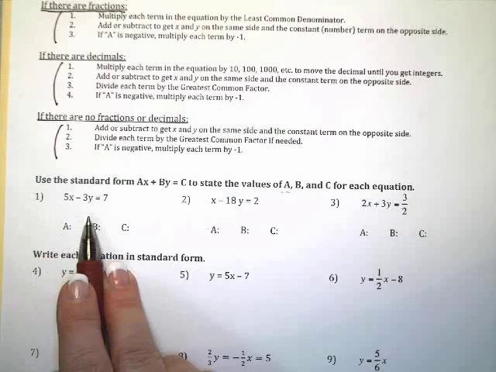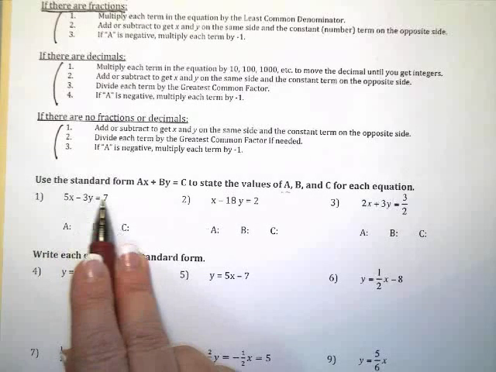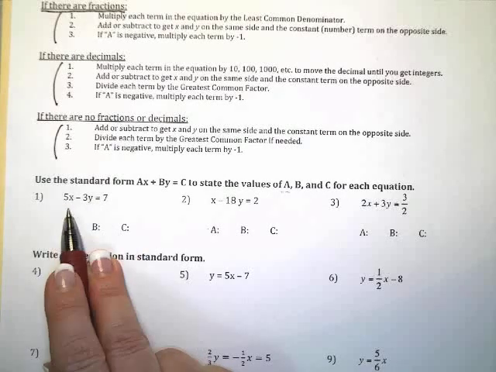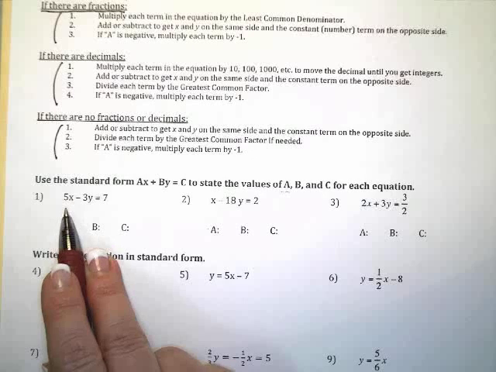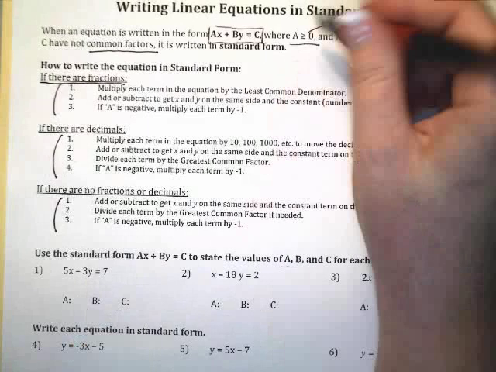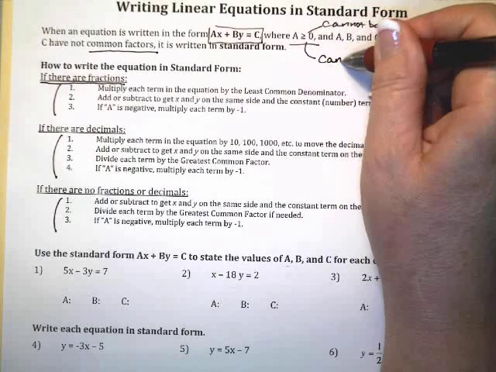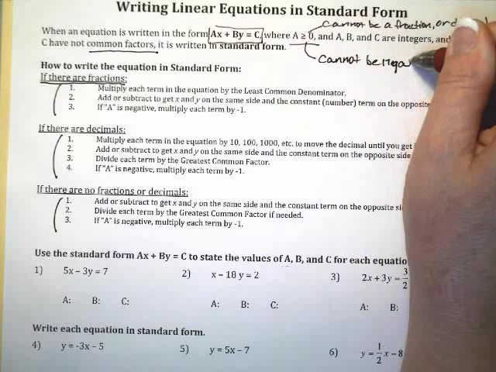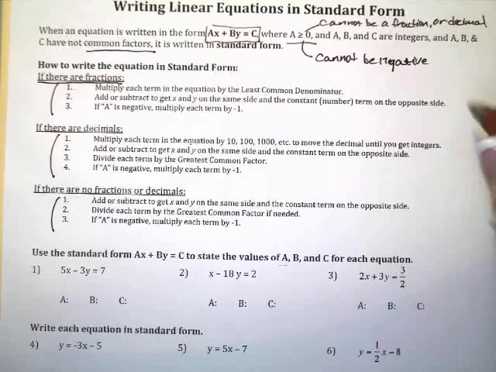So for number 1, this is in standard form. A, b, and c are all integers, and a is greater than or equal to 0. So a cannot be negative.